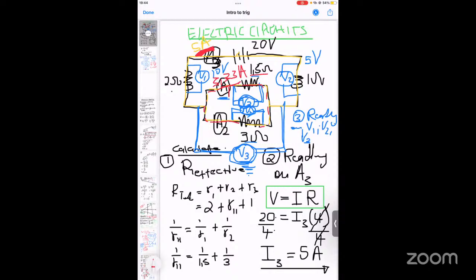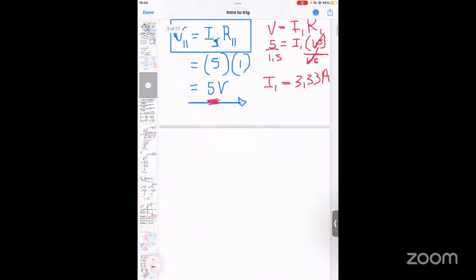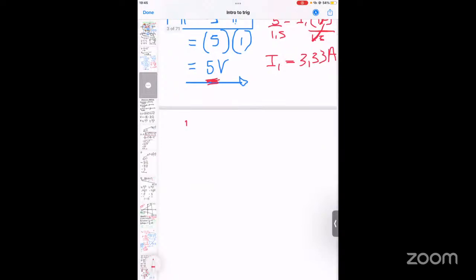If you don't want to go that route of saying 5 minus 3.33 to know the reading on ammeter number 2, you can still do it the same way we have done it, where V equals I, the current on ammeter number 2, times R. V doesn't change, it is 5. You have I on that. What is the resistance on that other side? It is 3.